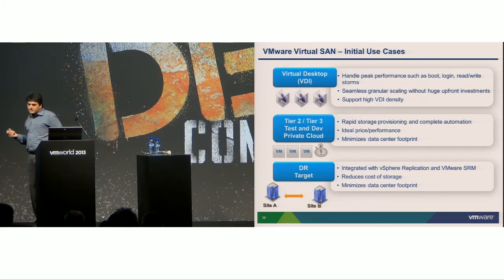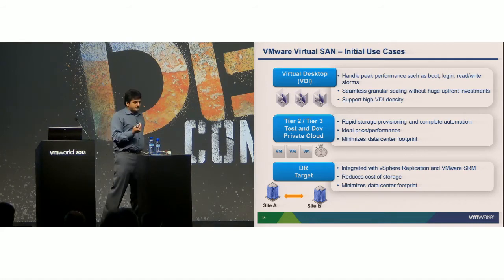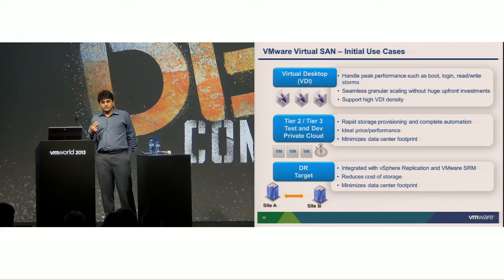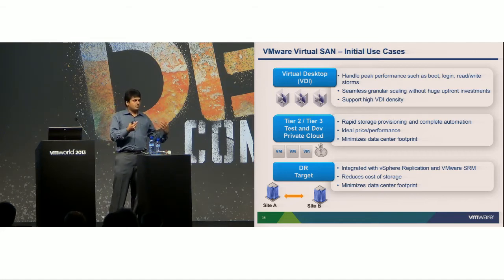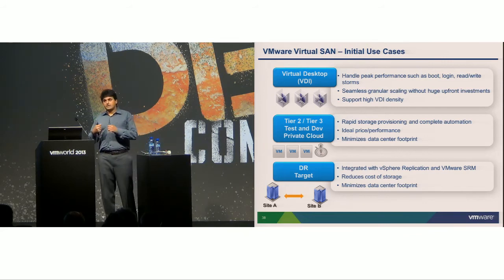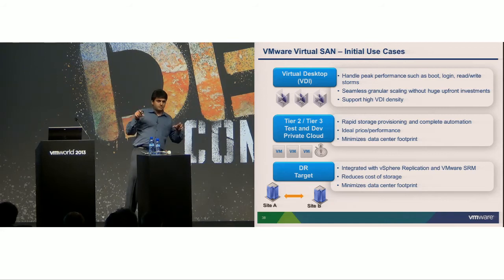And finally, DR target. We've talked to a number of customers about vSAN, and one of the things that's come up in our conversations is that a lot of our customers have compliance requirements to have a DR policy in place, and they find it extremely expensive to replicate the primary data center for the DR target.